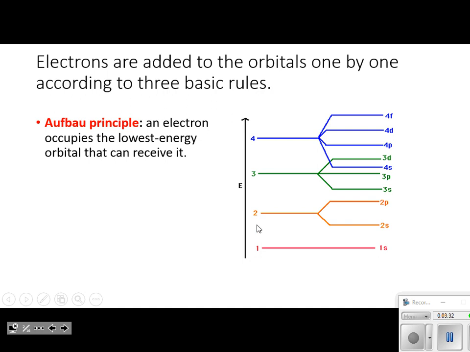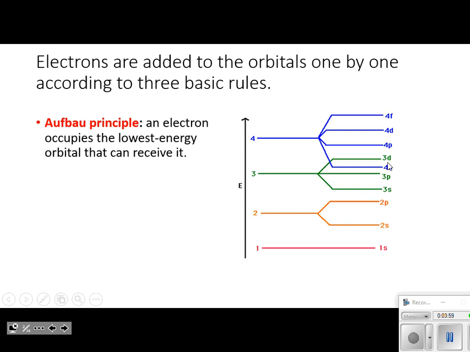Here's the second principal energy level. Here's the third. Notice that there is an overlapping between the third and the fourth energy level right here. So, it is less energy on the 4s orbitals than on the 3d orbitals. So there is overlapping. That's what makes these configurations a little bit tough.